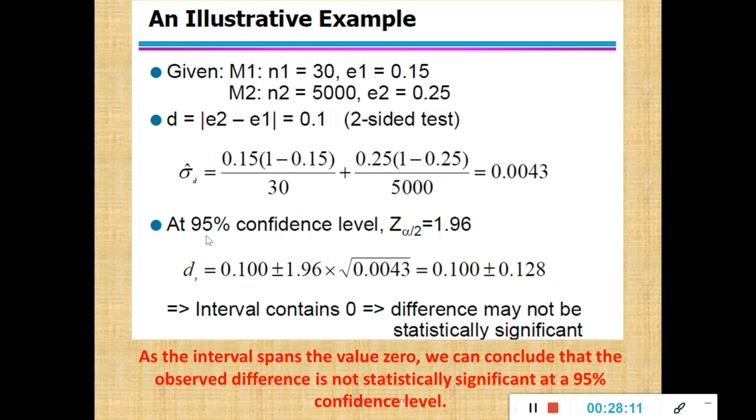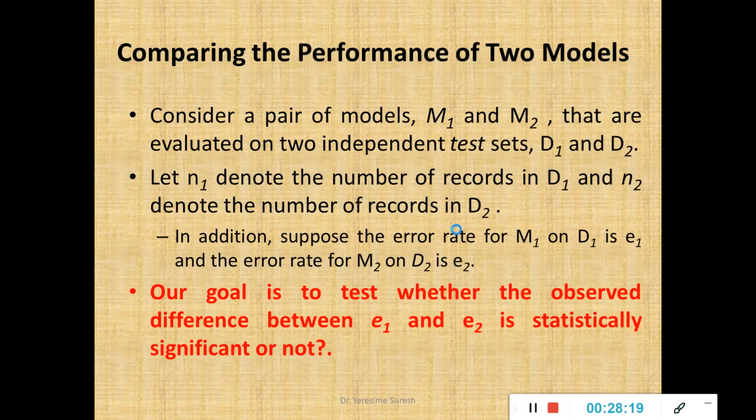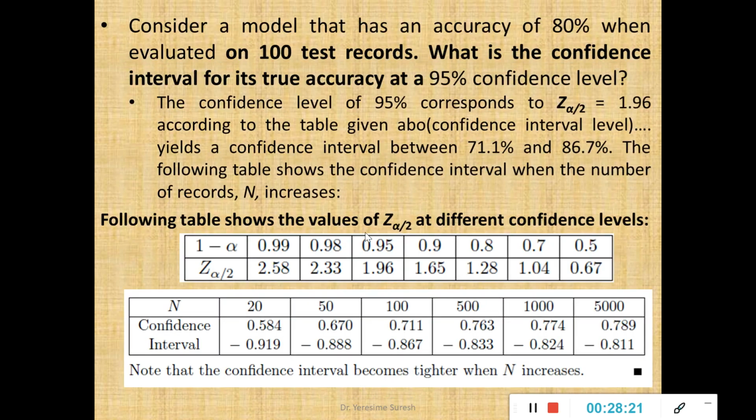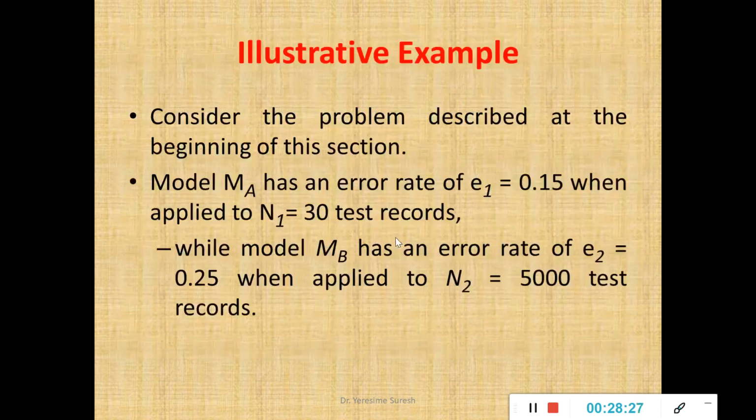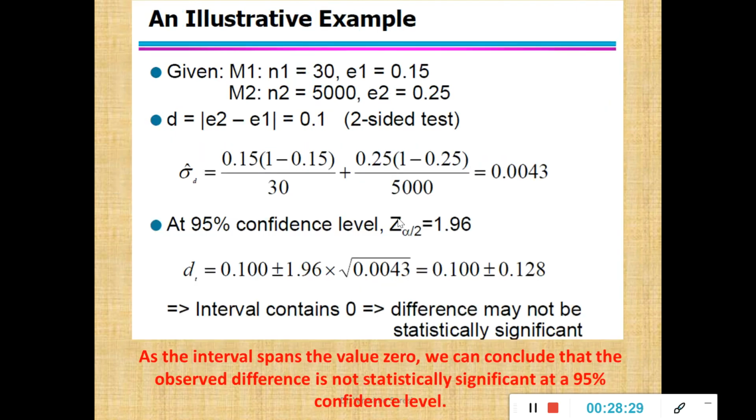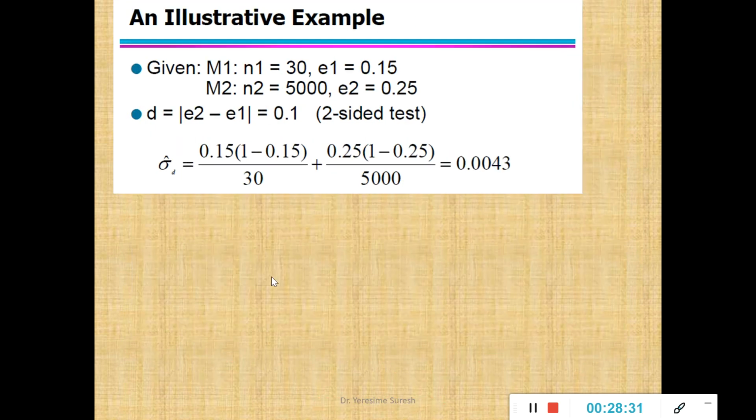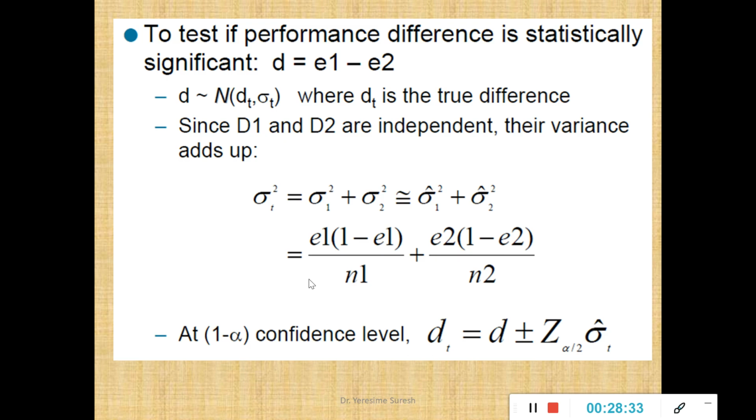So at 95% confidence level as described above, the Z alpha, the confidence interval, is equal to 1.96. We'll go back to this table. At 95% confidence level, the Z alpha is equal to 1.96. So I am taking the same value 1.96 and I substitute it into the previous equation.